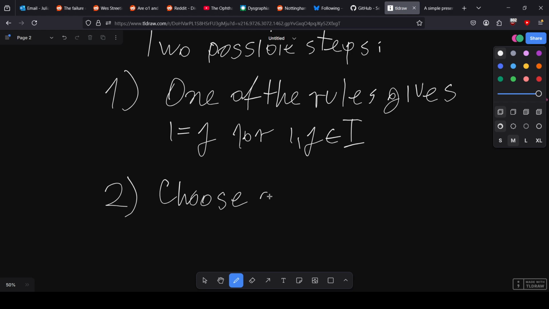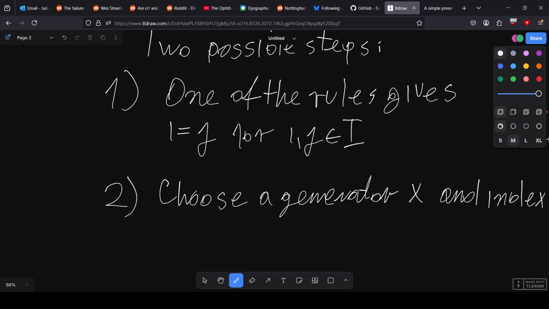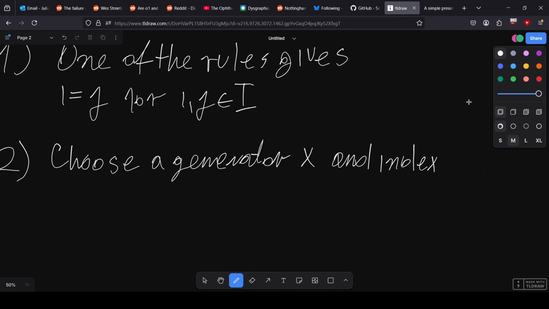We choose a generator x and index i such that ix is not defined yet.